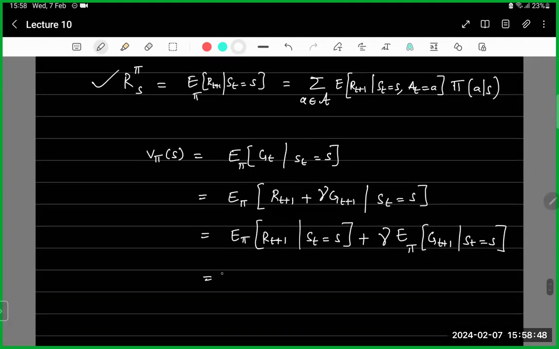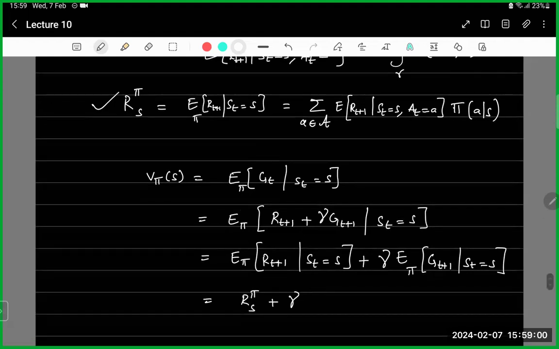So what is the first term equal to, according to our notation? R pi s, right? R pi s plus gamma times. What is the second term equal to? Is it V pi of s? No, right? If it was G_t, then it was V pi of s, but it's G_{t+1} here. So if you want V pi of s, what should I condition on?